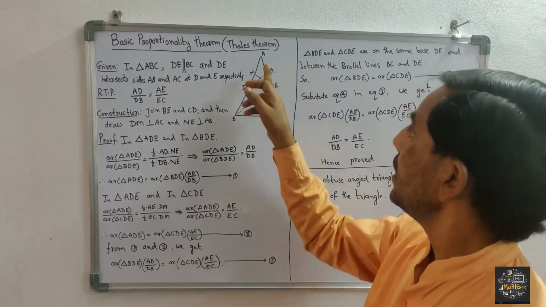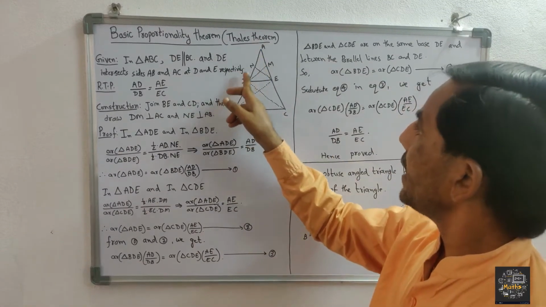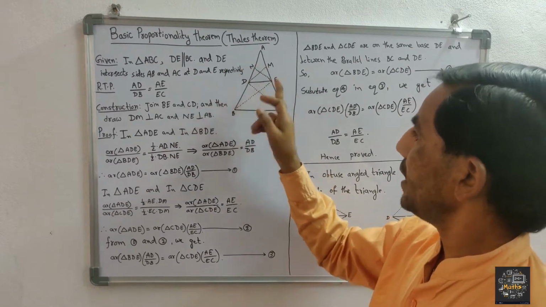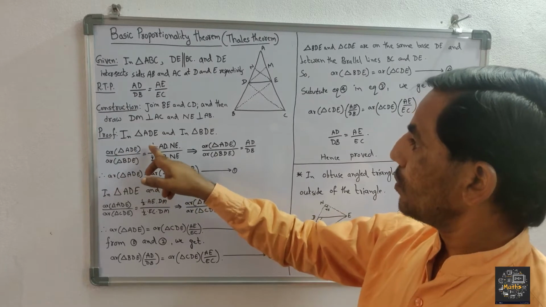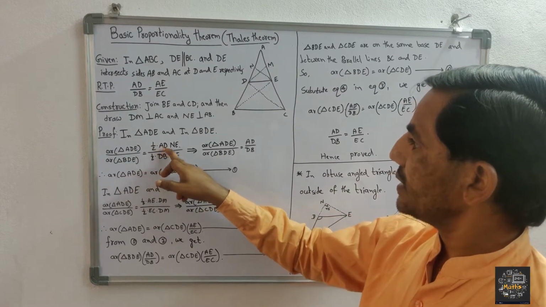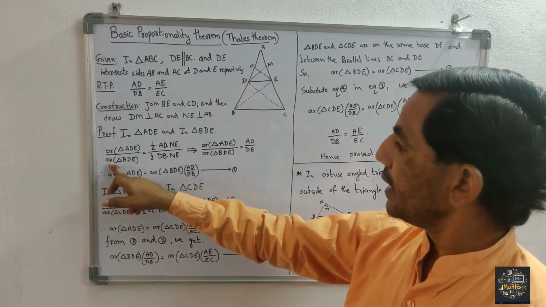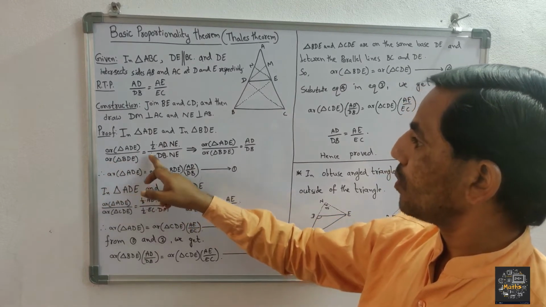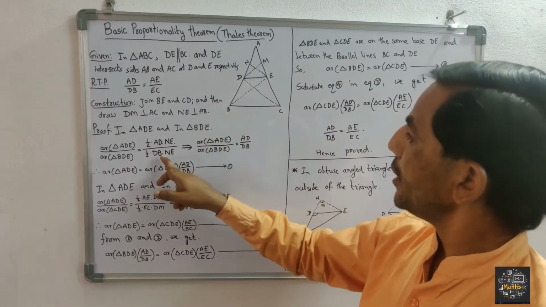Here in triangle ADE, I take base AD and the height is NE. So area of triangle ADE is equal to half into base AD into height NE, by area of triangle BDE is equal to half into base DB into height NE.